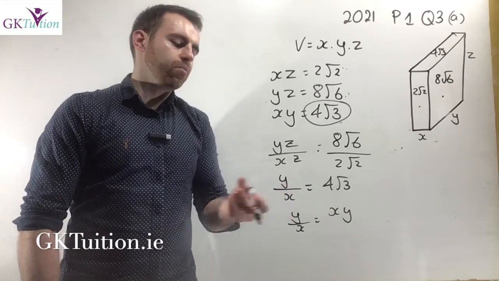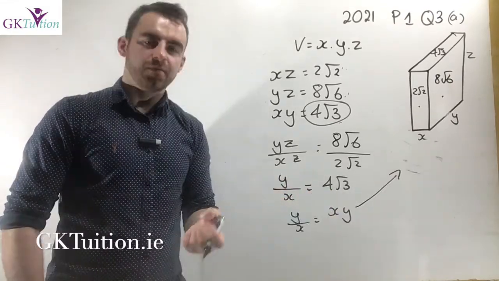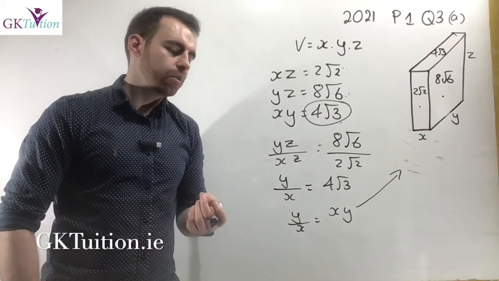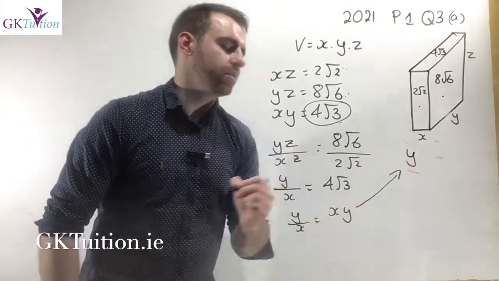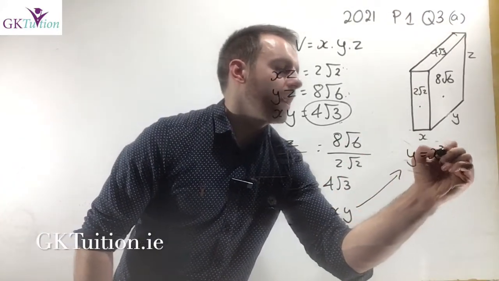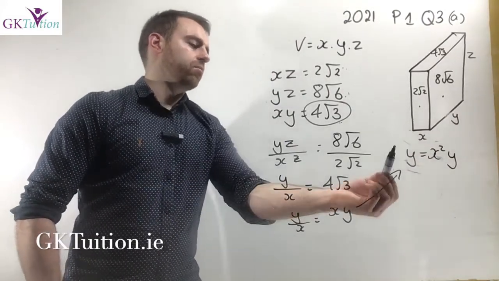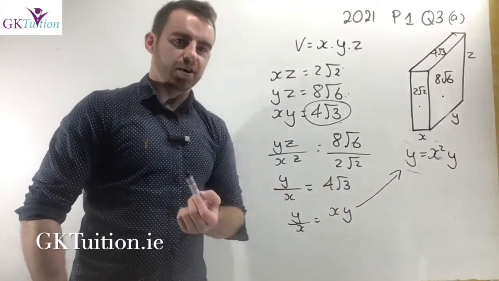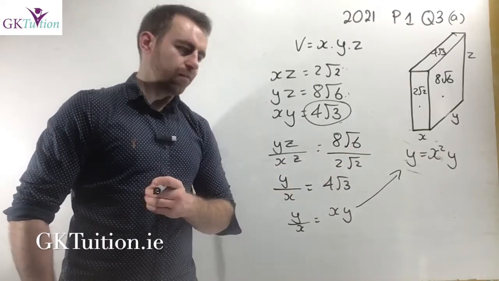Let's get rid of the fraction by multiplying both sides by x. If I multiply the left hand side by x, I simply get y. If I multiply the right hand side by x, I get x squared times y. Now, how could y be equal to x squared times y? It's the x squared that I'm going to focus on.